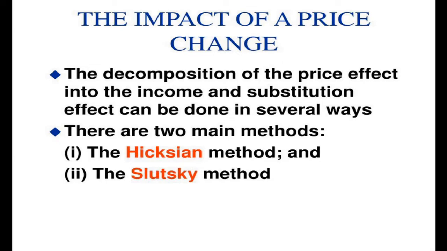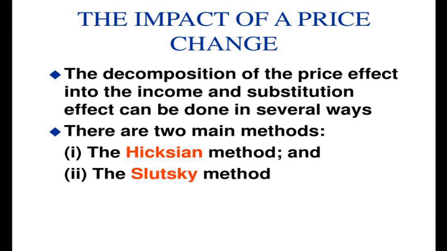It can be decomposed by using two methods. One is the Hicksian method and the second one is the Slutsky method. The Hicksian method was developed by Hicks and the Slutsky method was developed by Professor Slutsky.